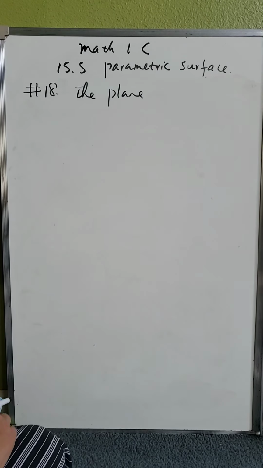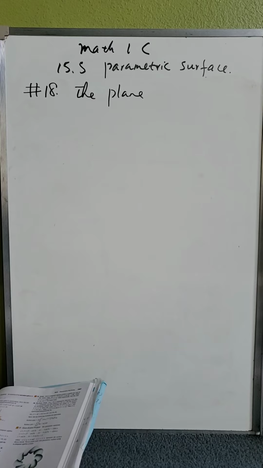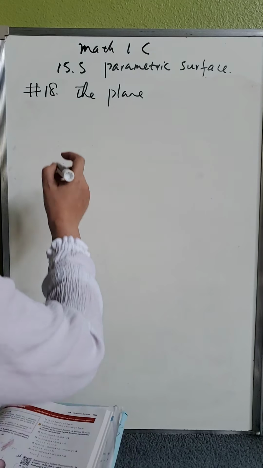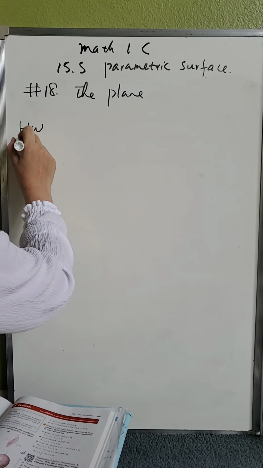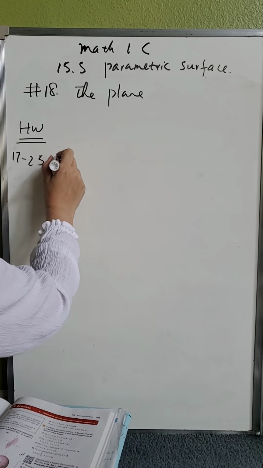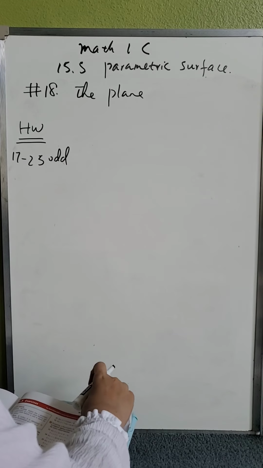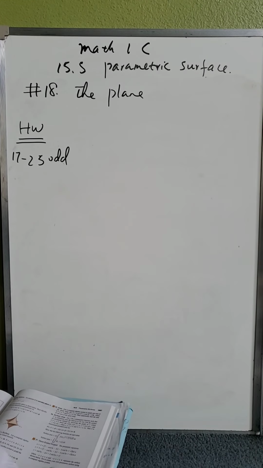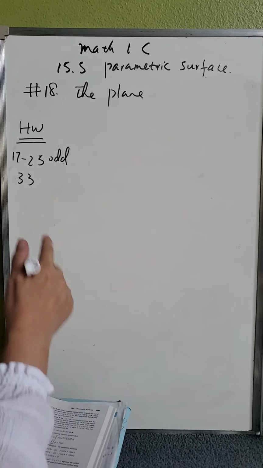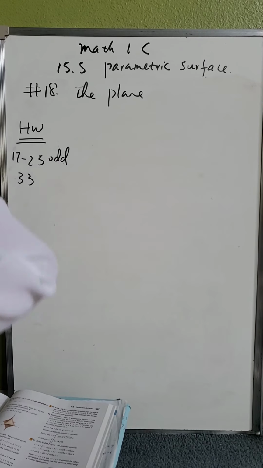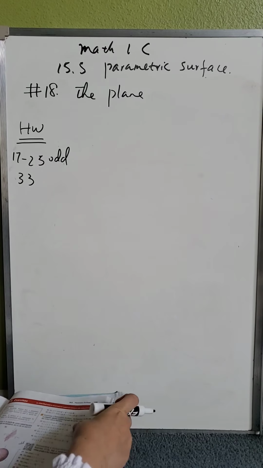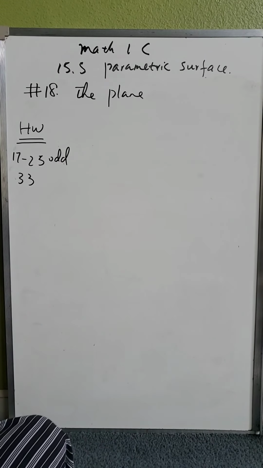On 15.5, you just need to do not that many: 17 to 25, this is pretty easy, just parameterized surfaces. And then 33, that's it. The rest we are not going to do, because the remaining ones are for 15.6. So in 15.6 we're going to do more.